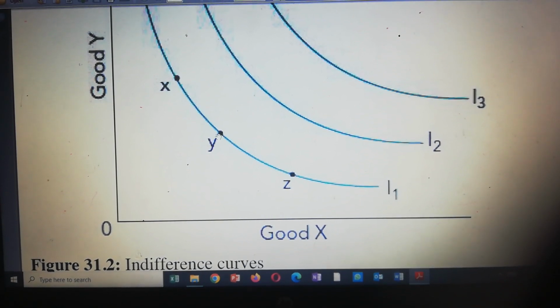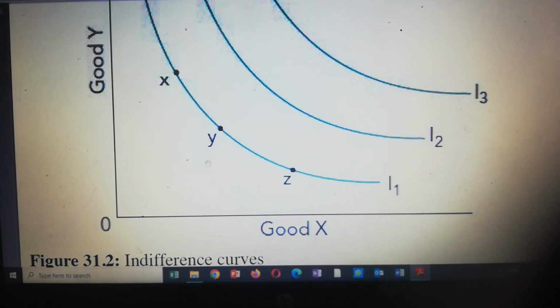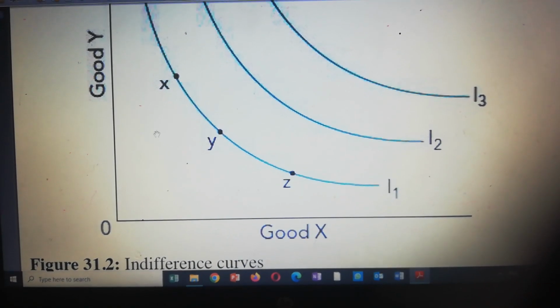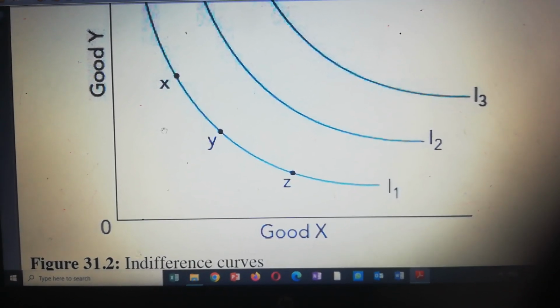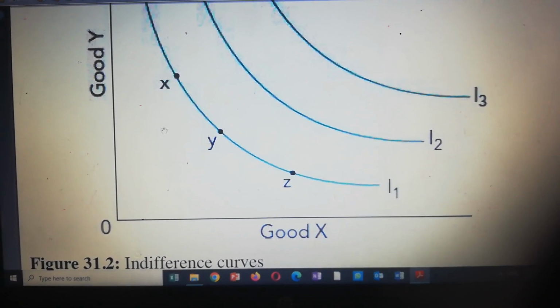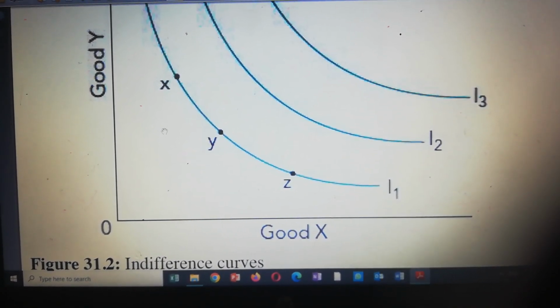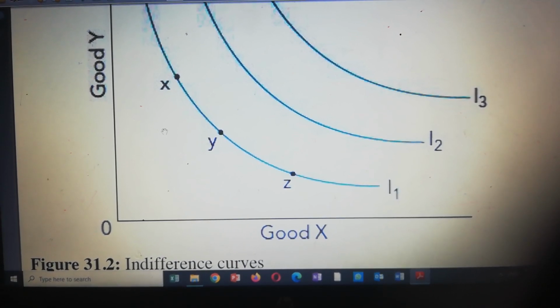At point Y, the consumer is willing to consume a quantity of X there and a quantity of Y there. So in other words, we have a combination of goods X and Y, and we are looking at what combination gives us equal satisfaction. So at points X, Y, and Z, the consumer has equal satisfaction from a combination of goods X and Y.